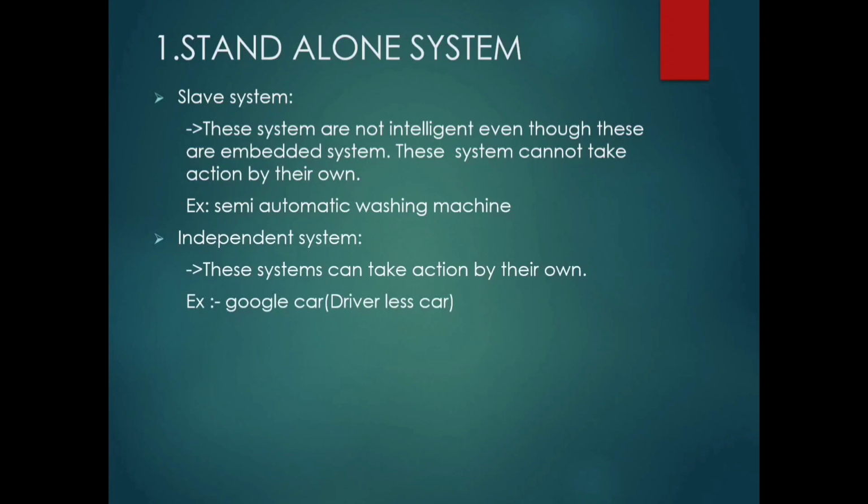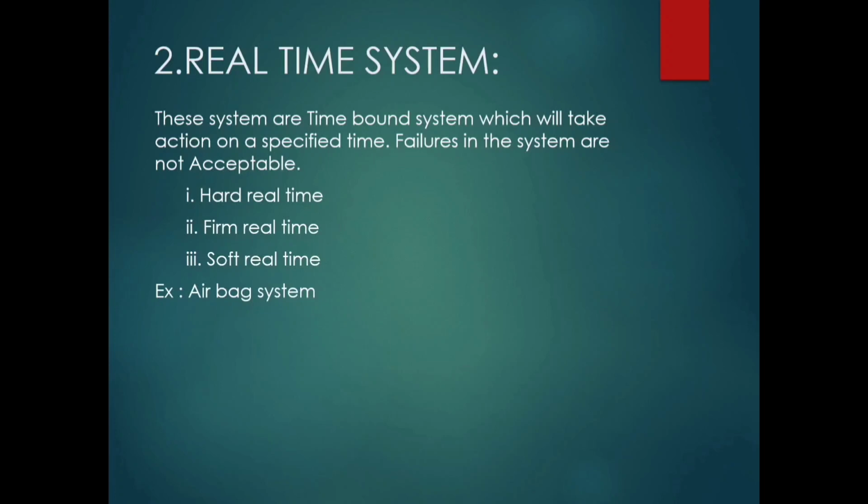Example: Google car. Next, the real-time system. These systems are time-bound systems which will take action at a specified time. Here, failures in the system are not acceptable, such as hard real-time, firm real-time, and soft real-time. An example of a real-time system is the airbag system in a car.